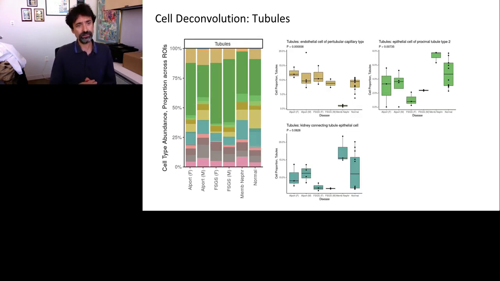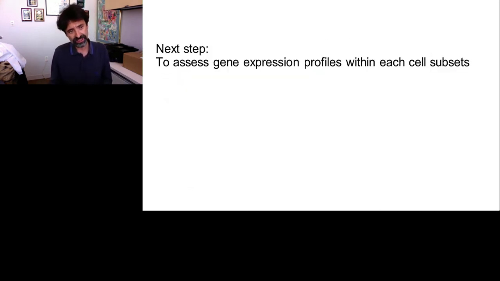So the next step here will be to assess the gene expression profile, not just in each glomeruli, but in each cell subset within a single glomerulus, which is expected to give us important information about the variability across the different glomeruli, to understand whether glomeruli that have similar histological features have a similar transcriptional profile, or vice versa, if glomeruli that look different have similar transcriptional pathways that are activated.